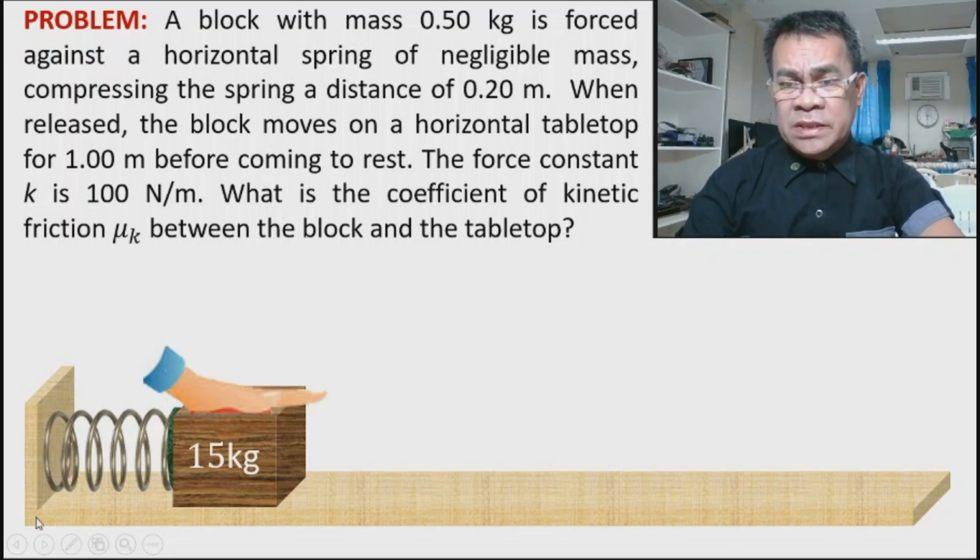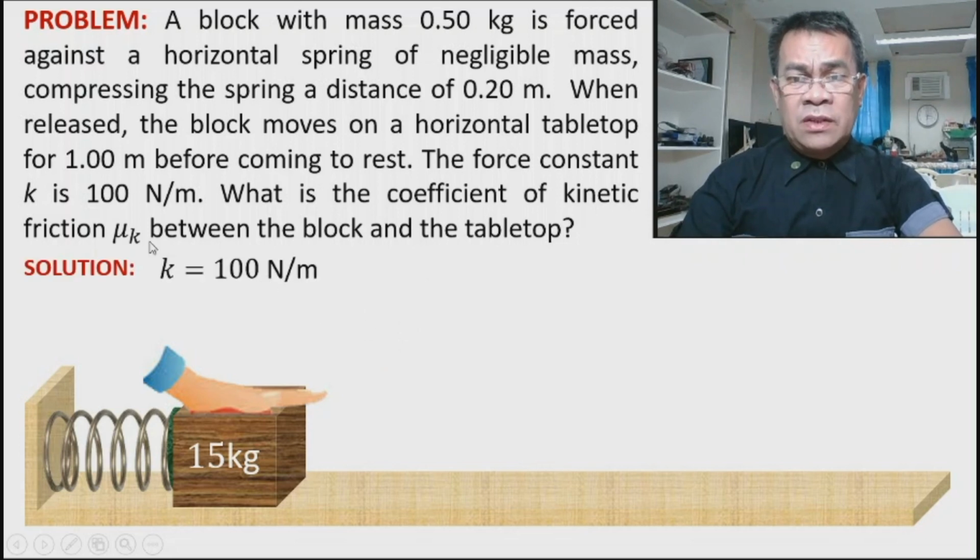And we have a spring of negligible mass. Now, we compress the spring to a distance of 0.2. Take note, the spring constant is 100 Newton per meter. This is given in the problem.